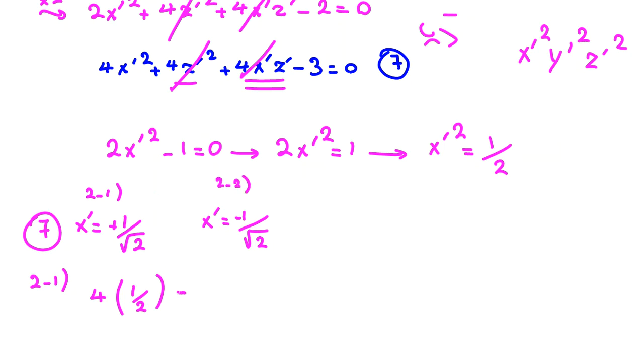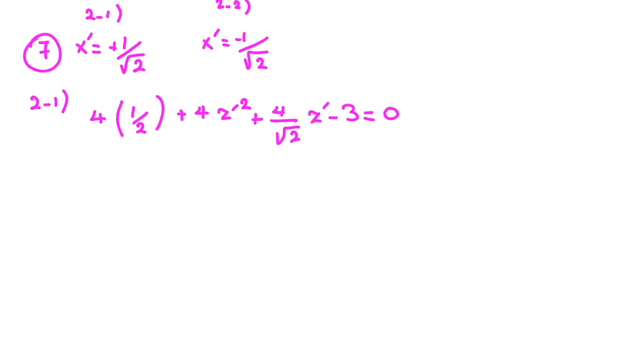So in 2, 1, 4 times 1 over 2 plus 4z prime squared plus 4 over root 2 z prime minus 3 equal to 0. So we can conclude what? We can say 4z prime squared plus 2 root 2 z prime plus 2 minus 3 minus 1 equal to 0.